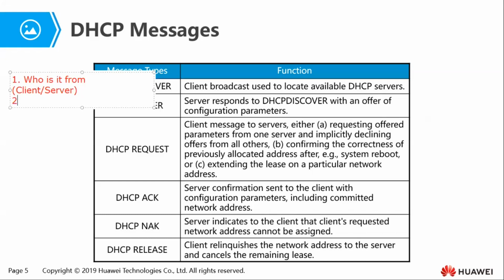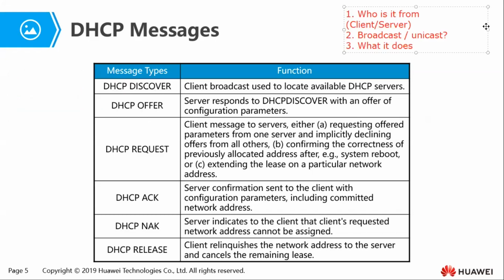The other thing you need to know is what type of message it is: is it a broadcast or a unicast? You also need to understand what that message does.